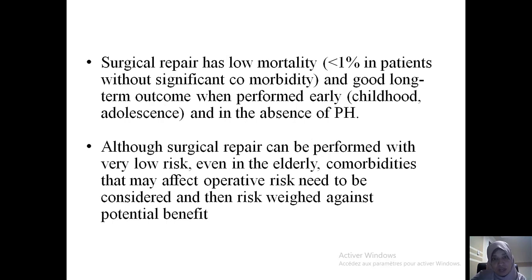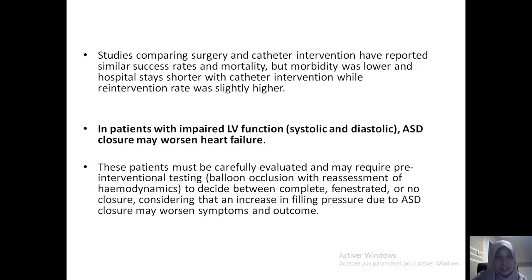Although surgical repair can be performed with very low risk, even in the elderly, comorbidities that may affect operative risk need to be considered and then risk weighed against potential benefit. In fact, studies comparing surgery and catheter intervention have reported similar success rates and mortality, but morbidity was lower and hospital stays shorter with catheter intervention, while the reintervention rate was slightly higher.